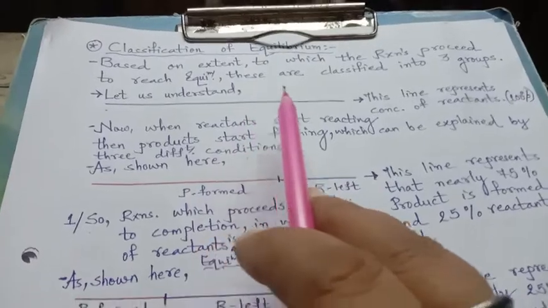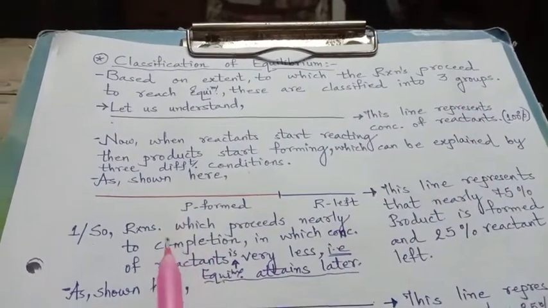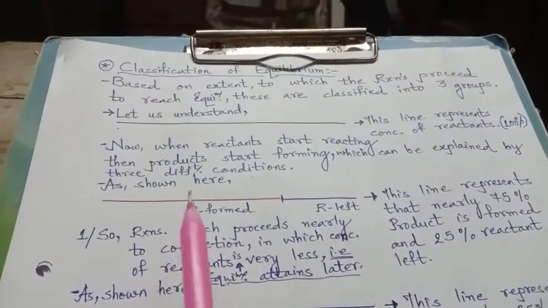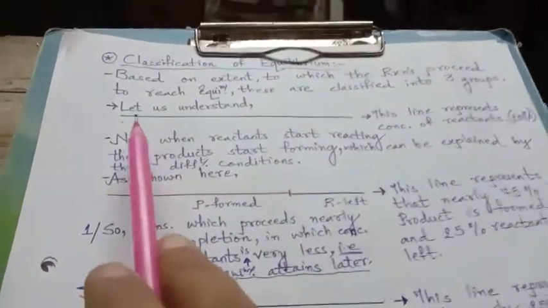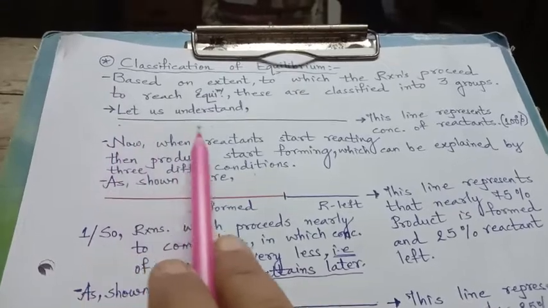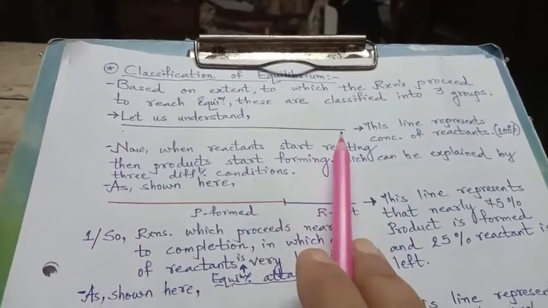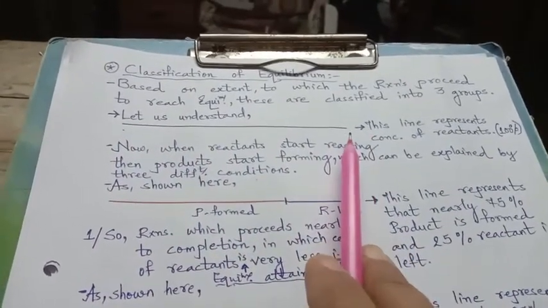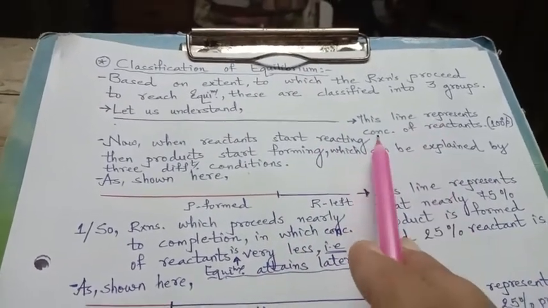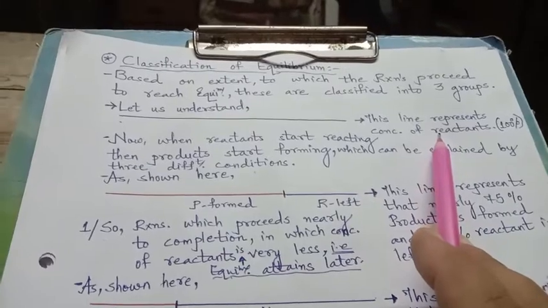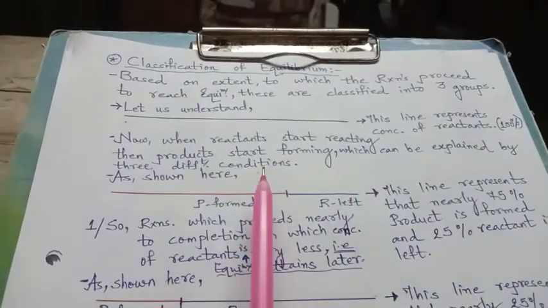And these are classified into three groups, as per three conditions. So let us understand here. Here I have drawn one complete line with a blue pen, and let us assume that it represents the complete concentration of reactants, that is 100%.